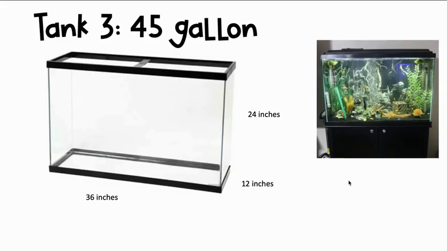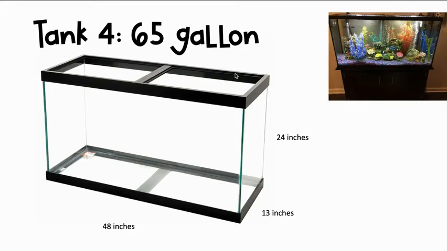Tank 3, oh my goodness, a 45 gallon. Let's see. We have 36 inches, 12, 24 inches in height. Calculate the volume and enter it here. And for the 4th tank option, 65 gallon, we have 48 inches for the length, 13 inches for the width, and 24 inches for the height.